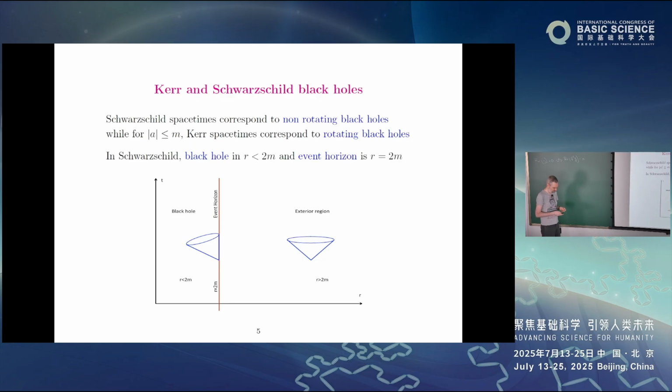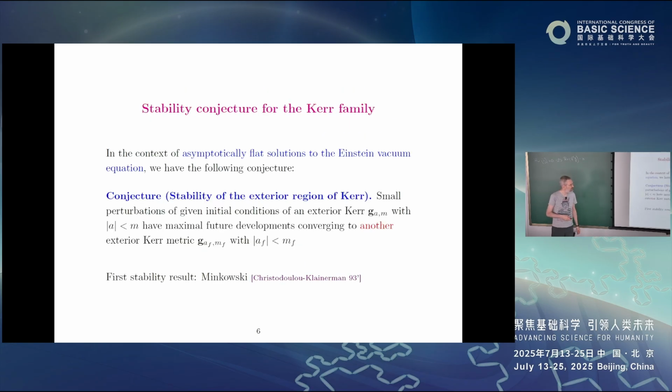And with this, let me now finally state formally the black hole stability conjecture, or Kerr stability conjecture, if you want. Let me remind you, you're in the context of asymptotically flat solutions to the Einstein vacuum equations, and then you have the following conjecture. As you can see, the conjecture does not concern the maximal globally hyperbolic development of Kerr.